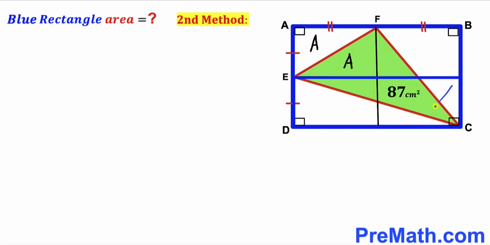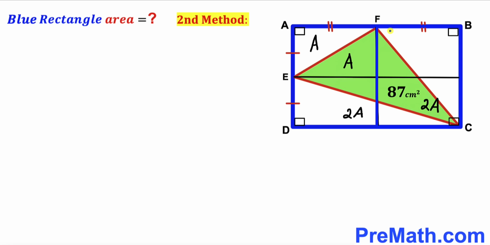And now we are going to focus on this half of the rectangle, such that EC is the diagonal. Then we can see that the area of this white triangle is going to be equal to the area of this other triangle. And since we are dealing with these two quadrants at the very same time, if the area of this white triangle is 2 times A, then this other triangle area is going to be 2 times A as well.